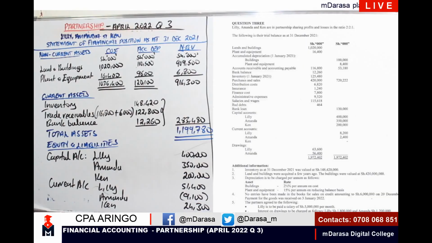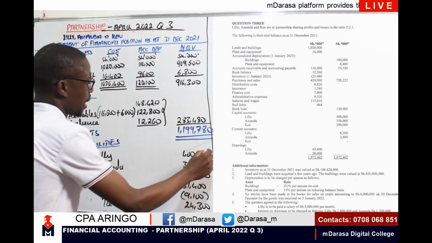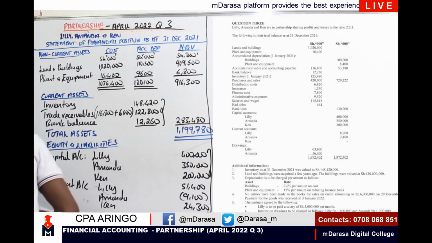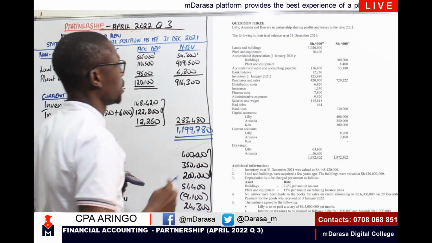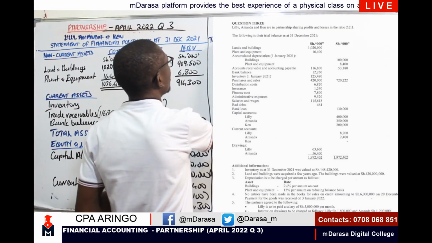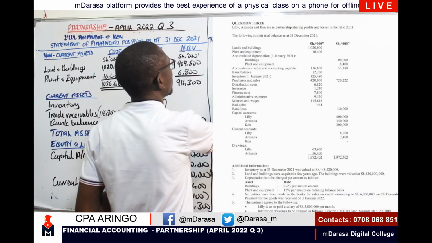So let us add all these items here to give us our total equity at this point. Total equity.